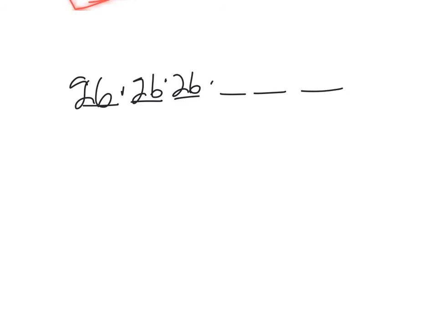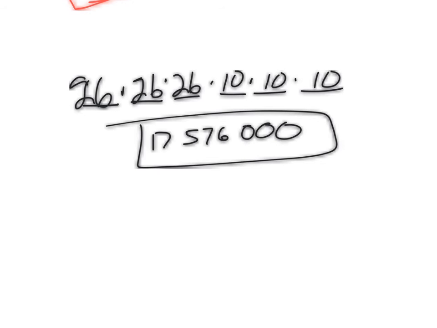Now I'm not looking at a 3-digit number, I'm just looking at 3 digits. So the first digit could be 0 or 1 through 9, and so could the second, and so could the third. So all of these 3 are going to be filled in with 10s. And if you multiply all those numbers together, according to your book, you end up with 17,576,000 different license plates that can be made.